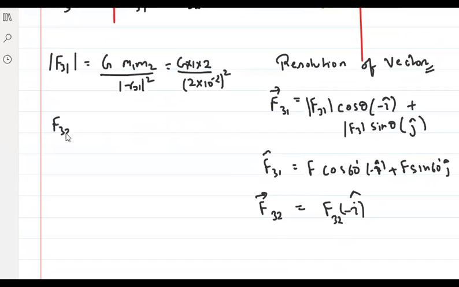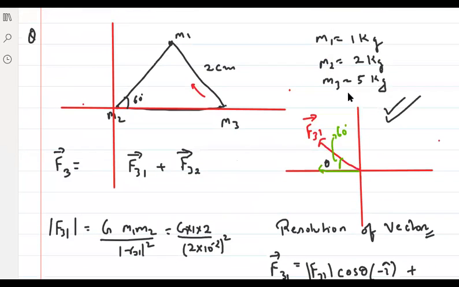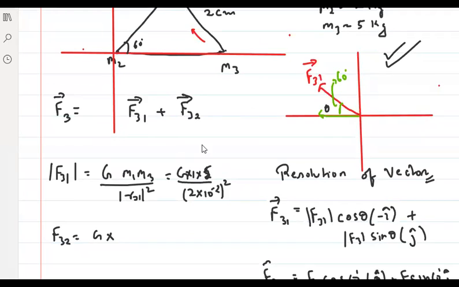In the same way, F32 is equal to G into M3, M3 is 5. Sorry, my bad, M3 is 5. I'm just finding the magnitude now. For magnitude, you can just use the formula G m1 m2 by r square. So F31 is G m1 m3, I made a mistake. Because magnitude you just find separately and put it in the formula at last.